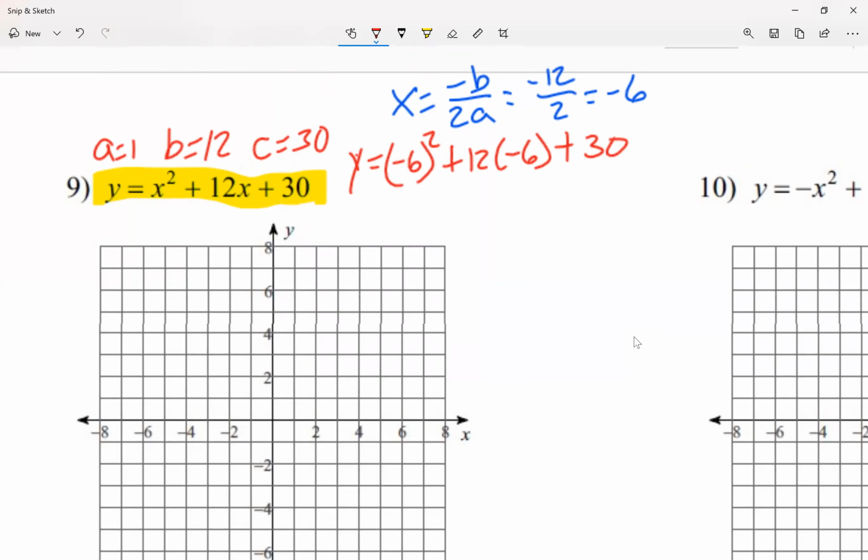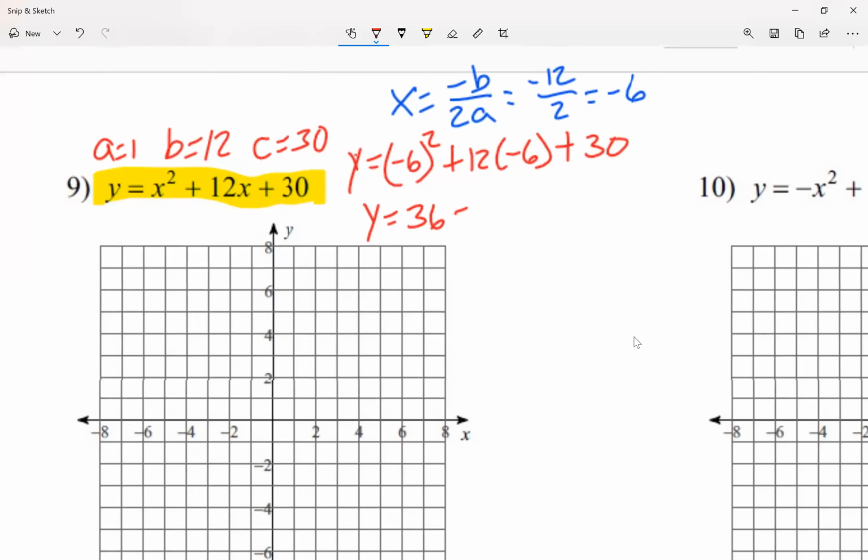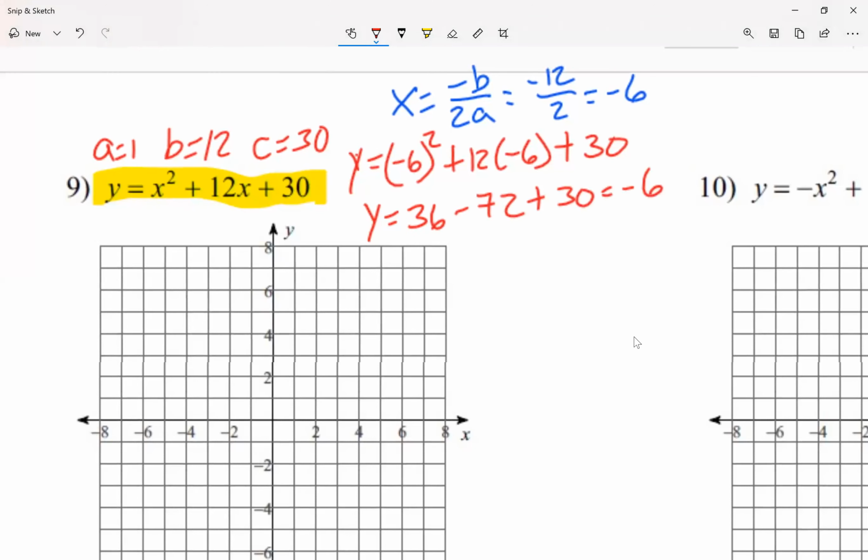So I have that y is equal to positive 36, right? Negative 6 squared is positive 36 minus 72, right? 12 times a negative 6 is negative 72, and then plus 30. I can type this in a calculator. 36 minus 72 plus 30 equals negative 6.